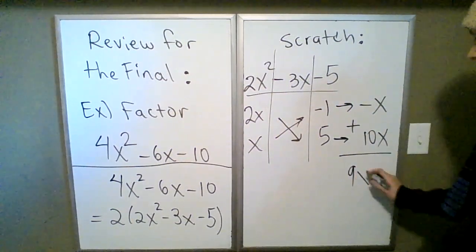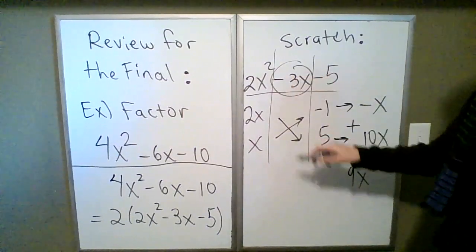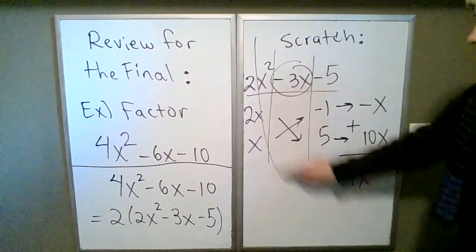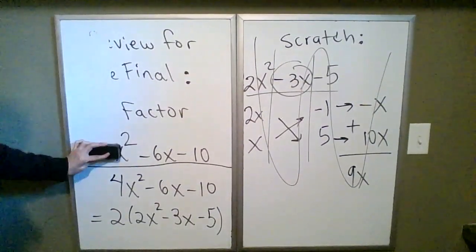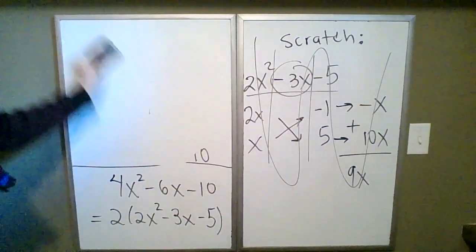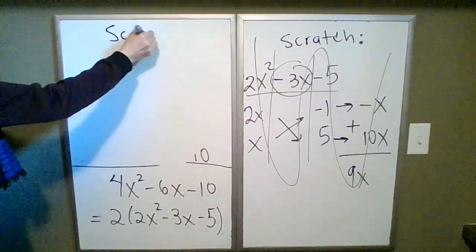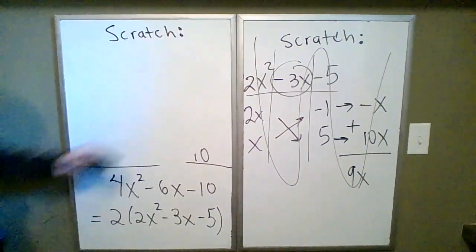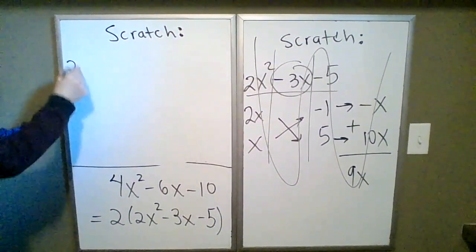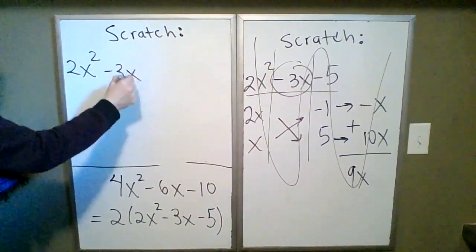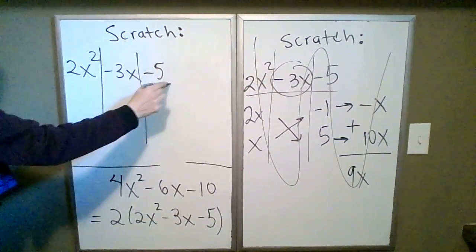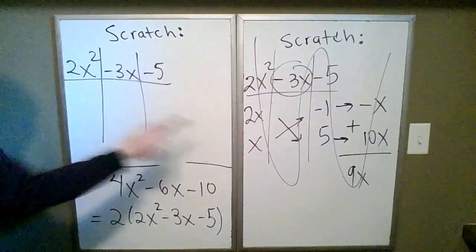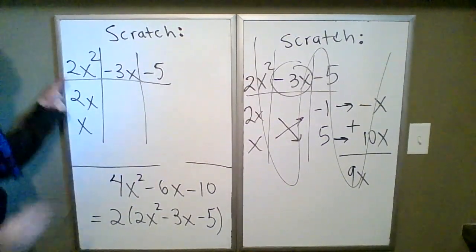So I got 9x, and I want -3x. So we'll just try another guess. We keep the 2x times x is 2x squared.